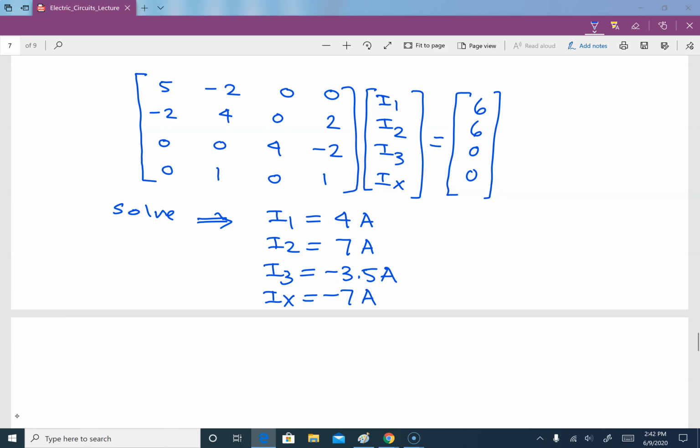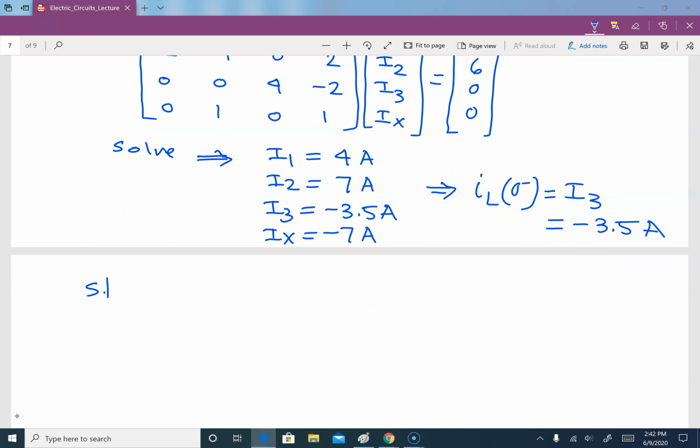So from that, we can say our IL of 0 minus is equal to I3, and that is equal to negative 3.5 ampere.